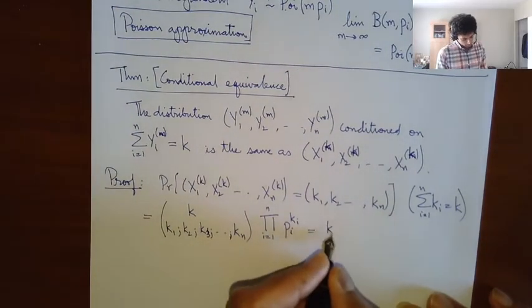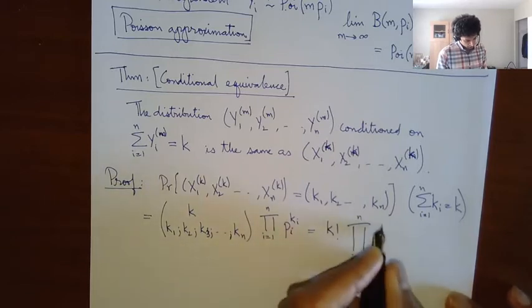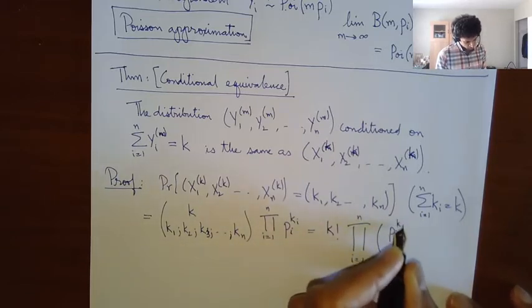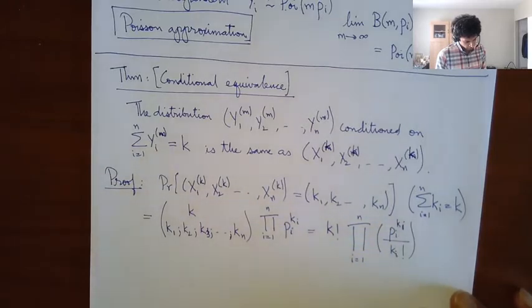You can write this as k factorial times the product over i from 1 to n of pi to the ki divided by ki factorial.